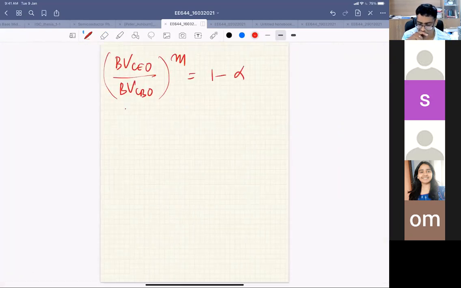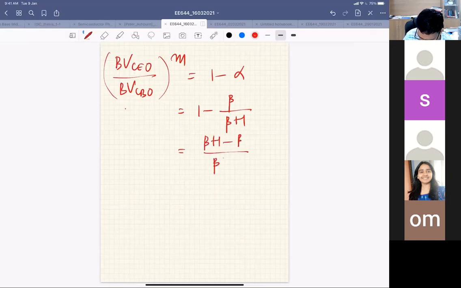1 minus alpha is nothing but, you could write down, 1 minus beta by beta plus 1. So this will be beta plus 1 minus beta by beta plus 1, right? So this is 1 by beta plus 1, which is nothing but 1 by beta, right? Okay.